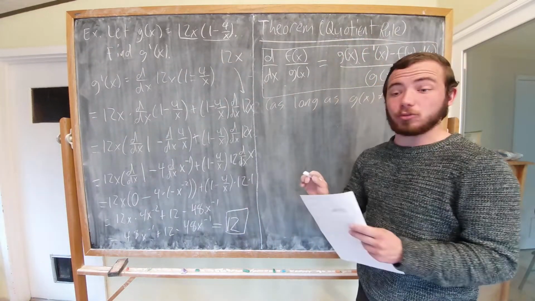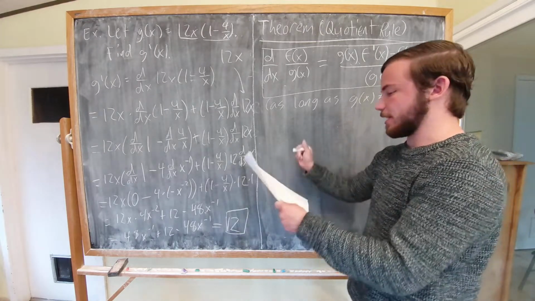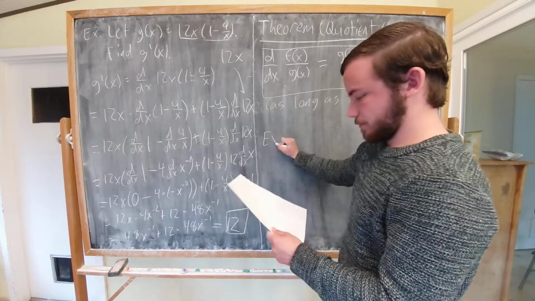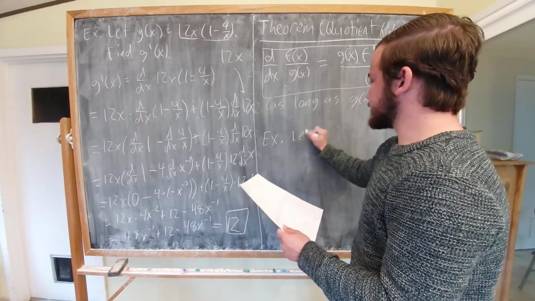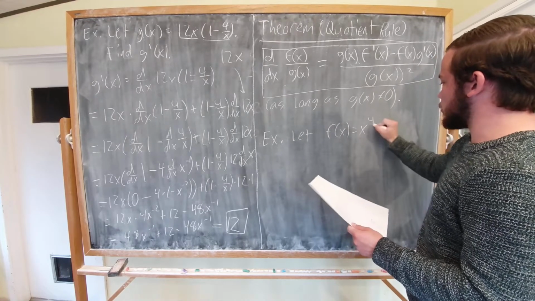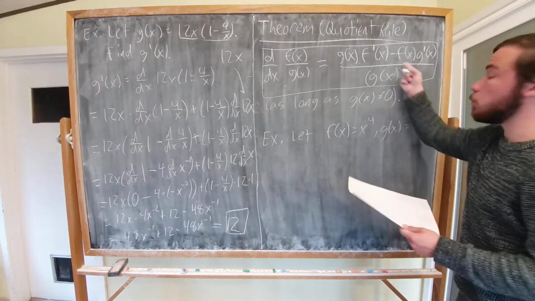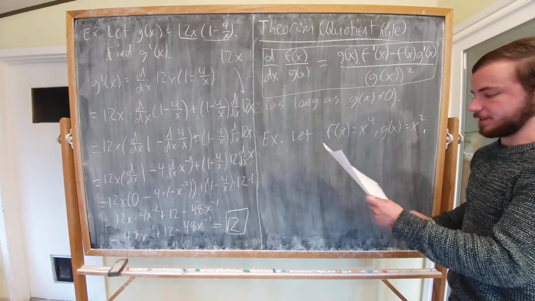Again, I know it's not the natural choice, them's the breaks, for the exact same reason the product rule doesn't work, actually. So for example, let f of x equal x to the fourth and g of x equal x squared. And we'll see why the rule has to be this precisely.